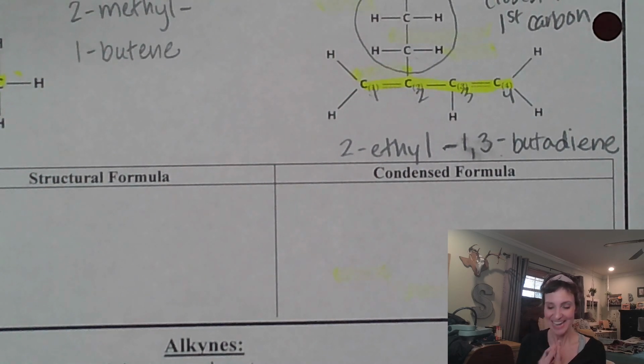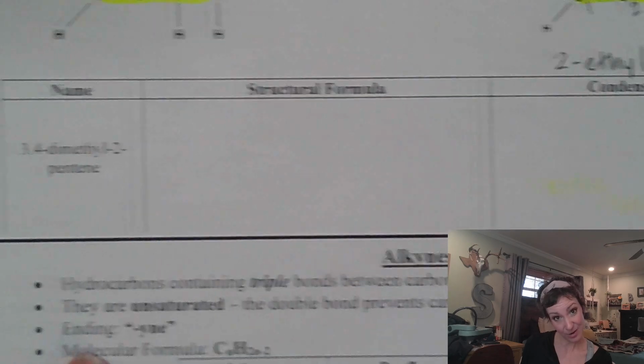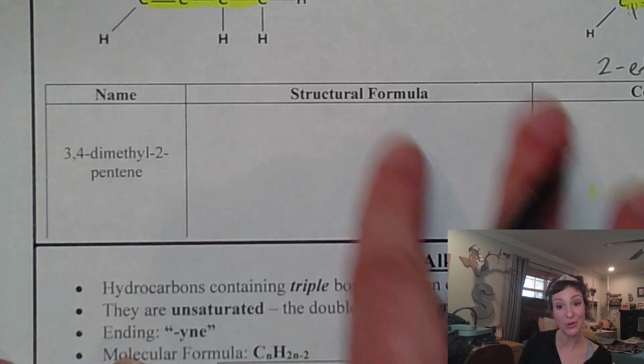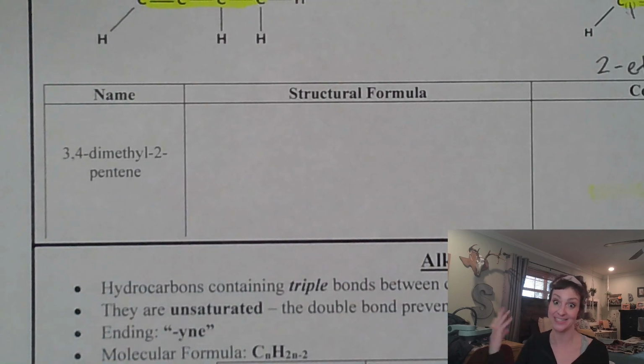Cool. Okay, now I'm going to give you a name, and I want you to write the structural formula where you start with the CH3 dash, CH2 dash, and all the stuff, and then you accommodate the branches, filling in the hydrogens where they're needed to make sure that carbon always has 4 bonds.